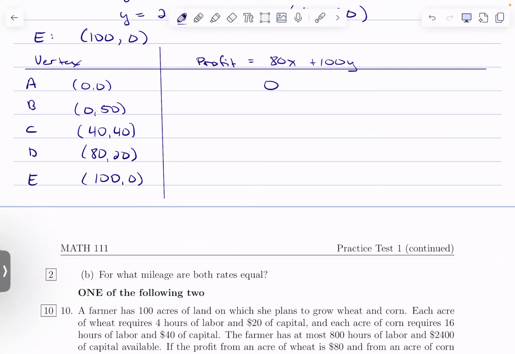Here you get 5,000 profit, 100 times 50. Okay, this one I better jot down.